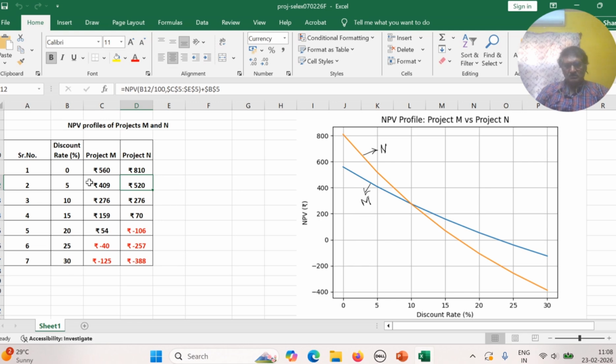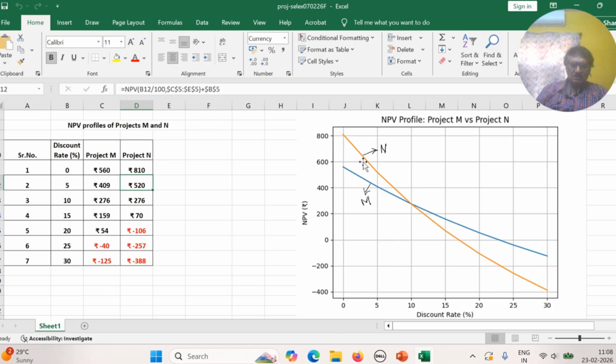And we have plotted the results in this graph. The x-axis is discount rate, and these are the NPV values, net present value, on the y-axis.